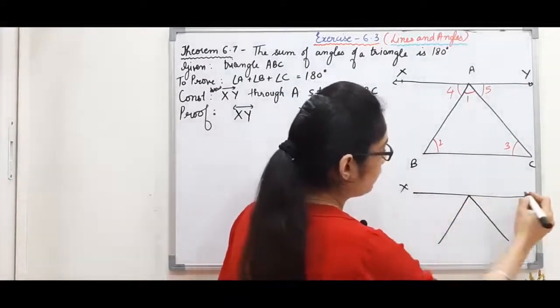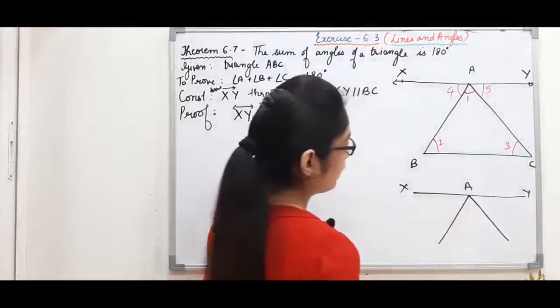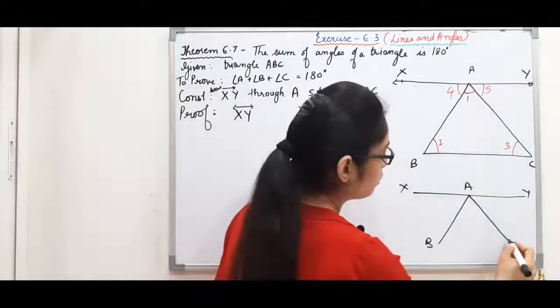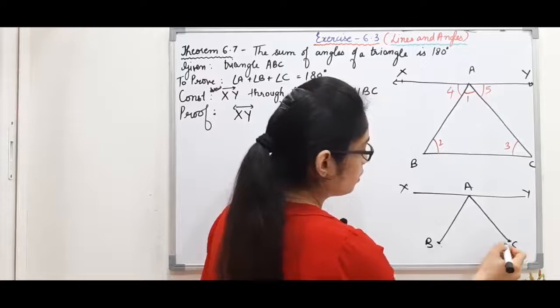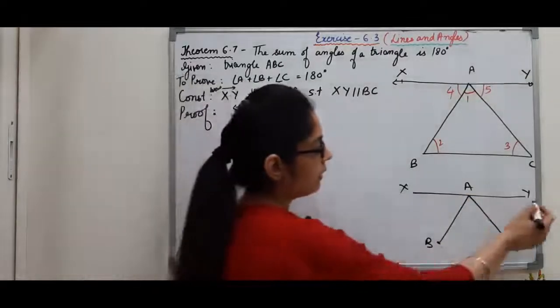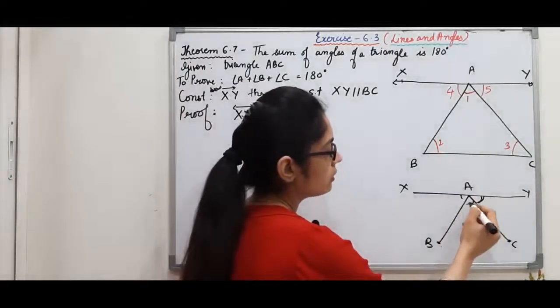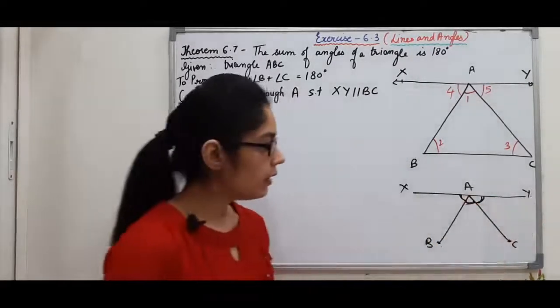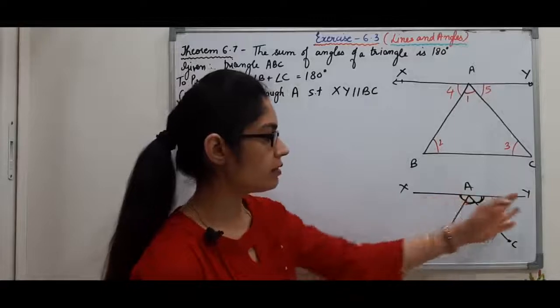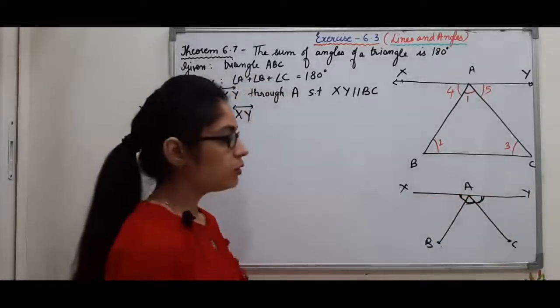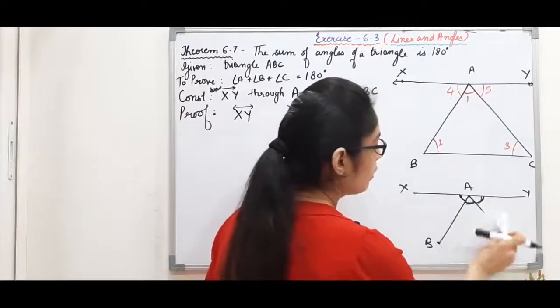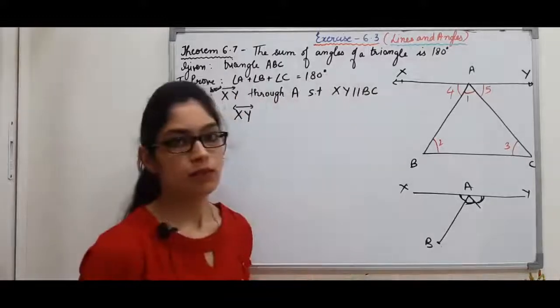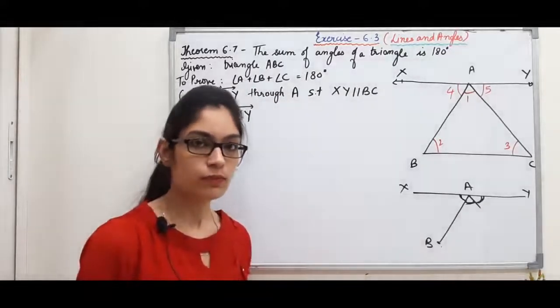This is XY, this is point A, and these are the points B and C. Here you can see it's a straight line and two rays. AB is one ray which is standing on line XY, and AC is one ray which is standing on line XY. So here we can use the linear pair axiom which we used in exercise 6.1.